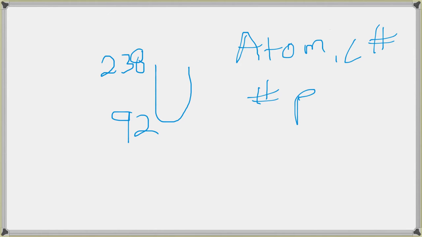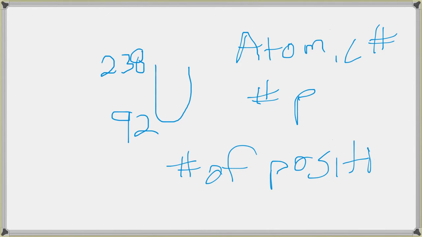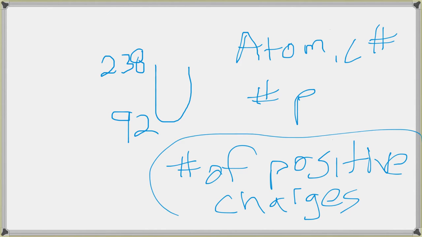But for the purpose of this video, I'm going to be saying that is the number of positive charges. Now, protons are positively charged, but as you will see in this video, they are not the only thing that is positively charged. We can have other things that are positively charged.